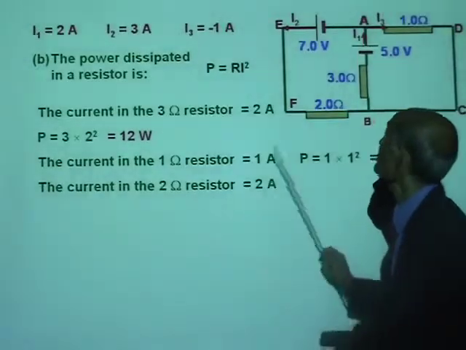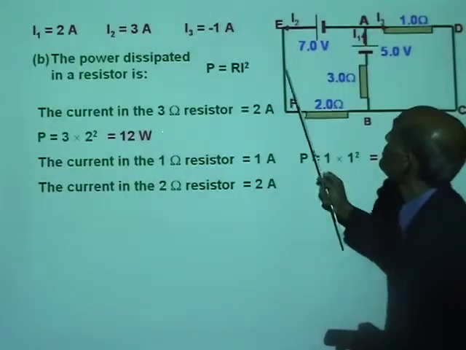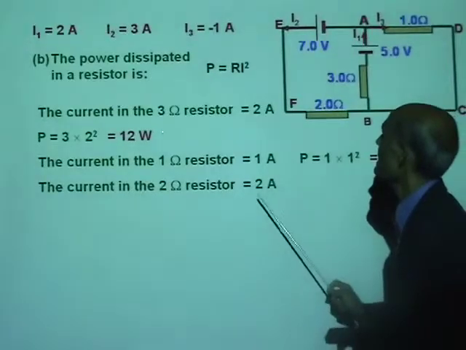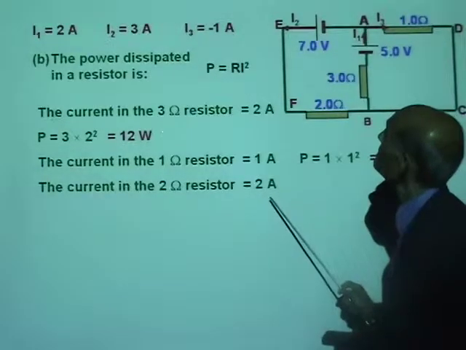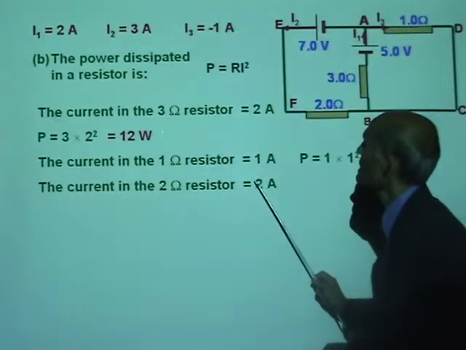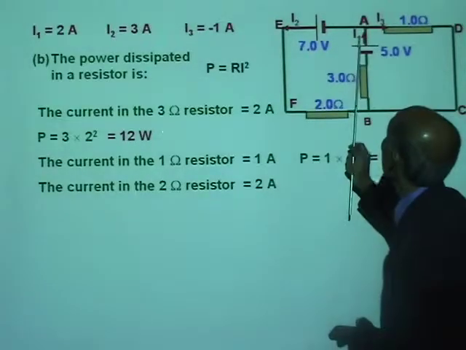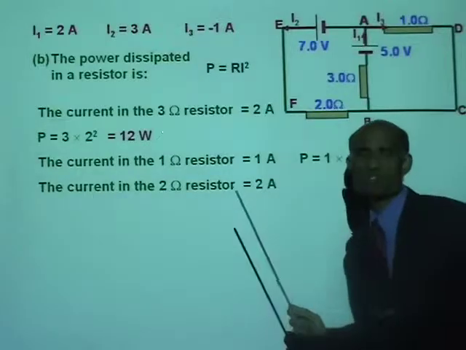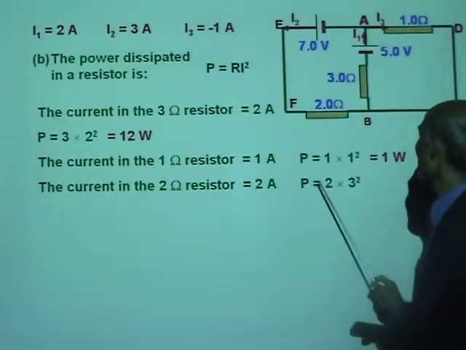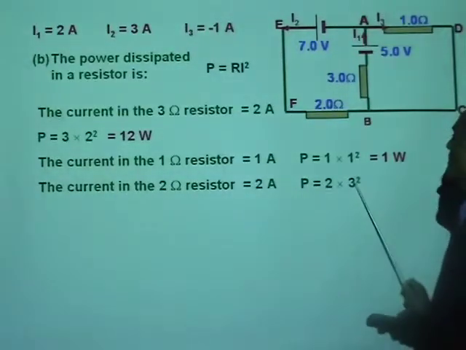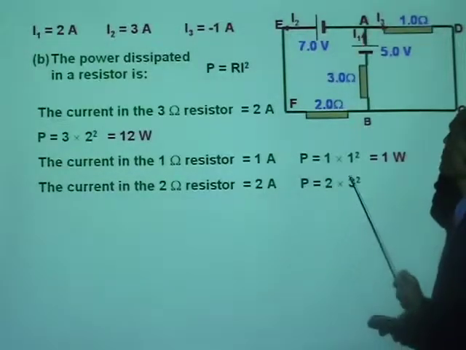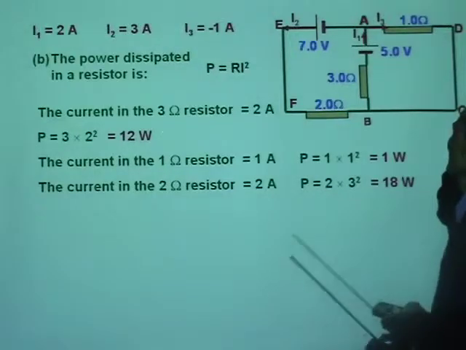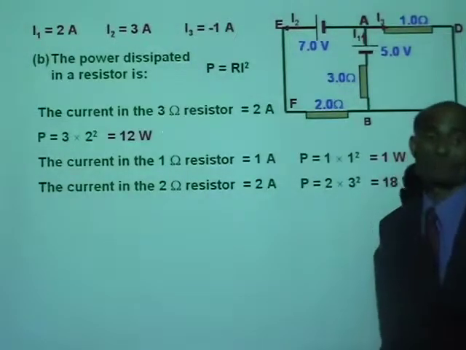And the current in the 2 ohm is I2 equal to 3 ampere, which makes that change. Therefore, power will be 2 times I squared, RI squared, 2 times 9, that is 18 watt.